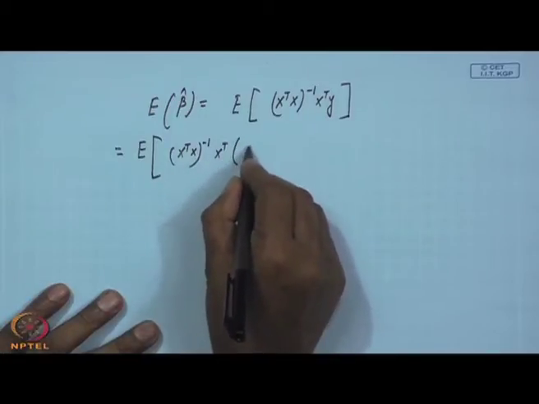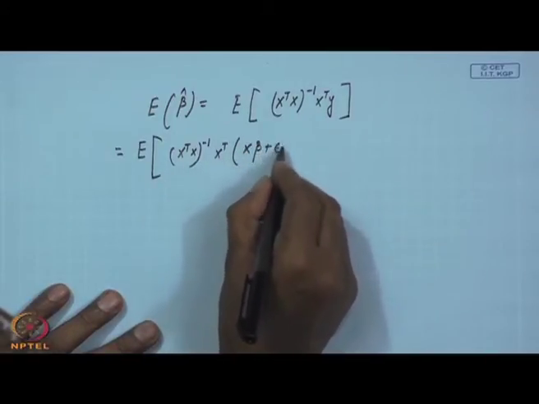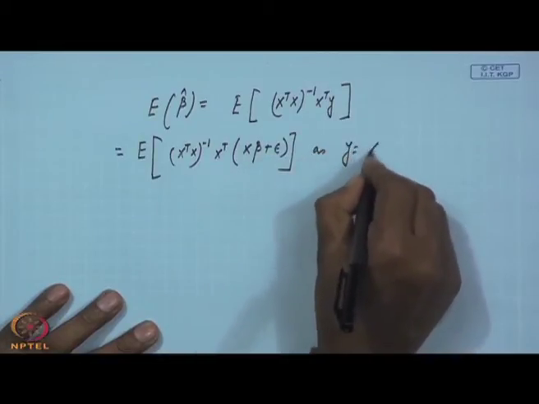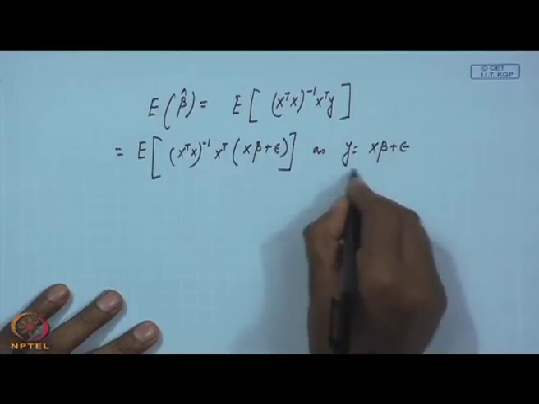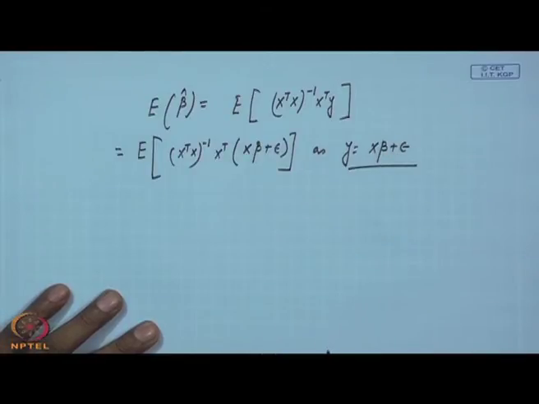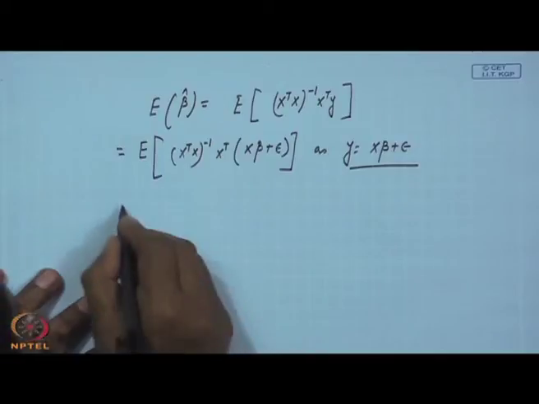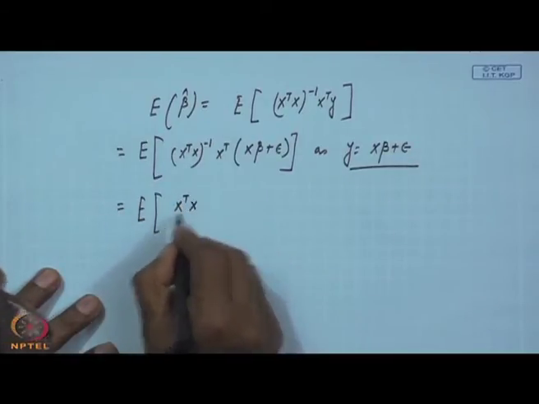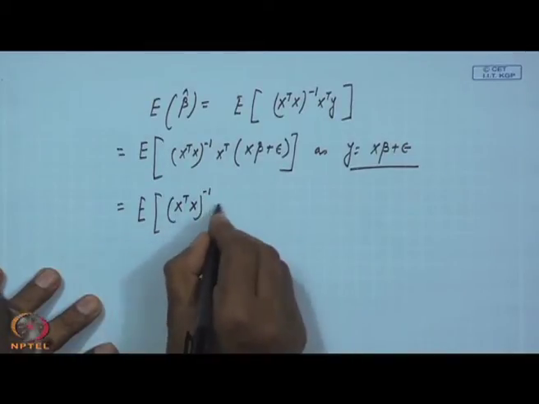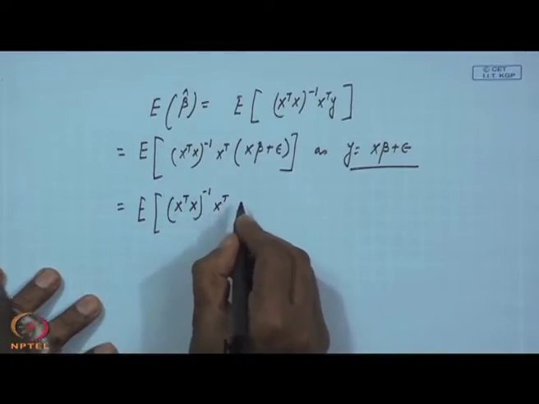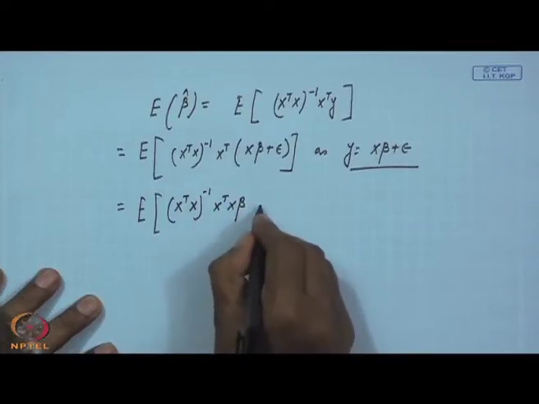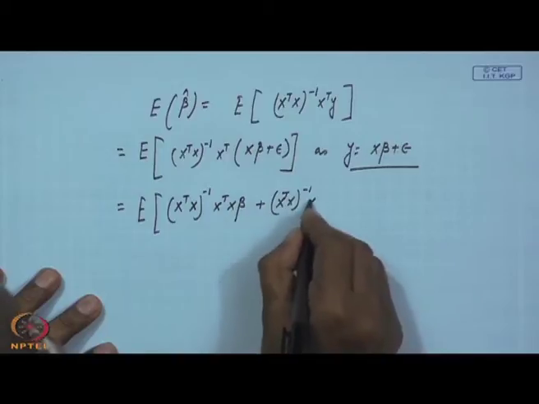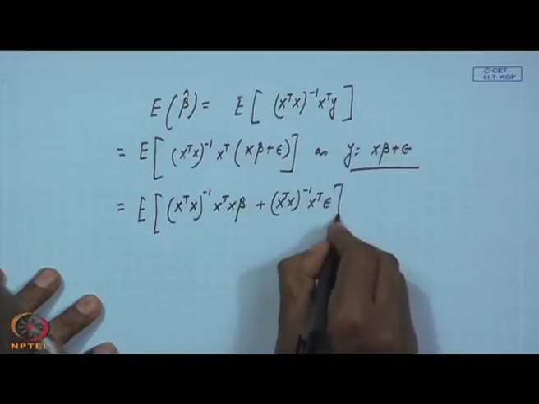Now, you all know Y is X beta plus epsilon, this is the regression equation. So, if we do a little more manipulation, this will become (X transpose X) inverse X transpose X beta plus (X transpose X) inverse X transpose epsilon.